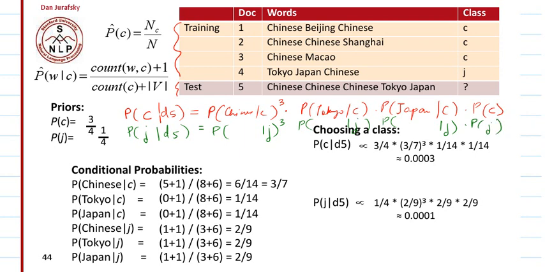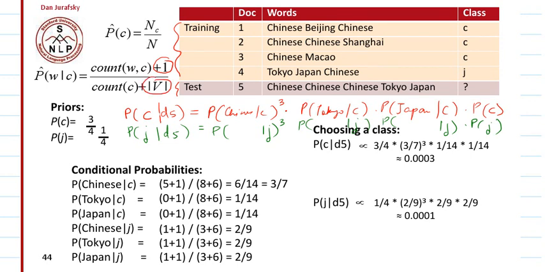So in order to calculate these probabilities, P of each word given the class, we require this formula. This P of W given C is the count of word W and class C, and we are applying Laplace smoothing. So we are adding 1 in the numerator and adding V in the denominator.